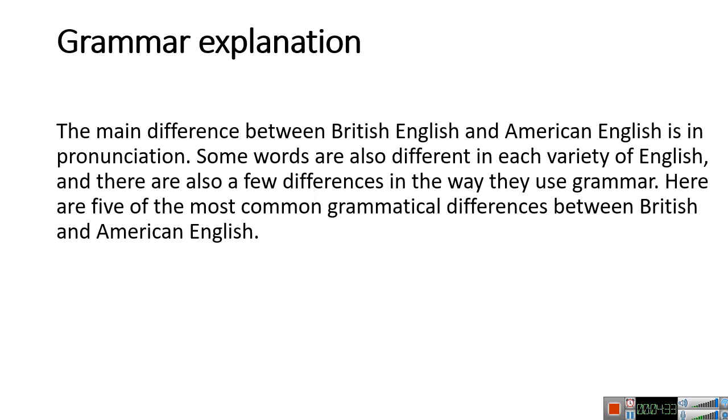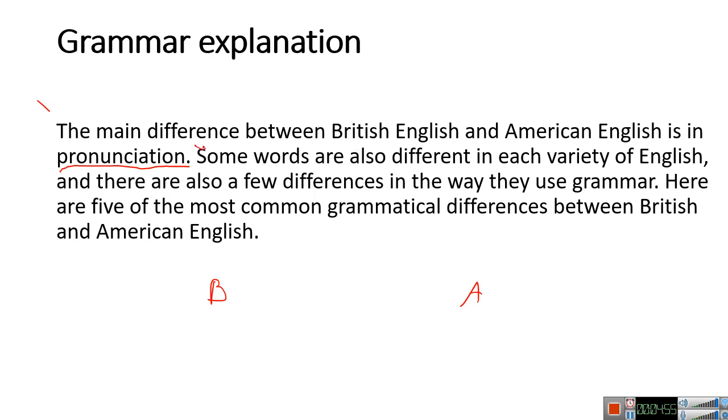Now, this is the grammar explanation. When we're talking about British and American, the main difference between British and American English is pronunciation. That is the most valuable resource where you're gonna find this is British and this is American. But there's also some grammar.